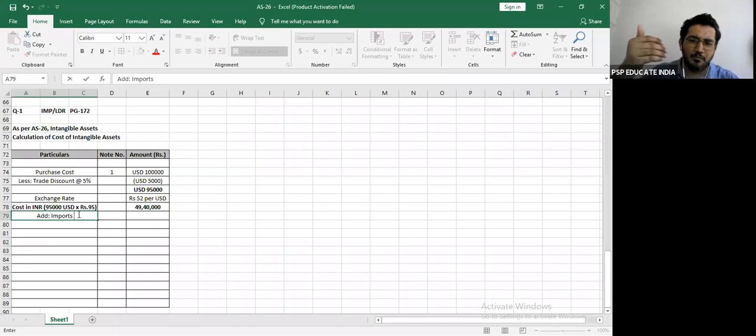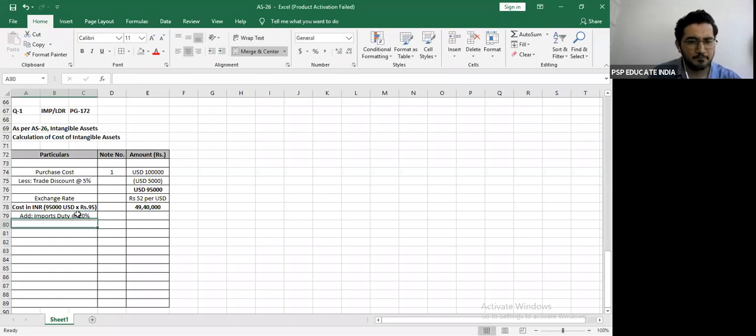Then you will come to India and then you will pay its tax. You cannot pay the Indian tax first. So add import duty at 20%, which will be 49 lakh 40,000 into 20%.